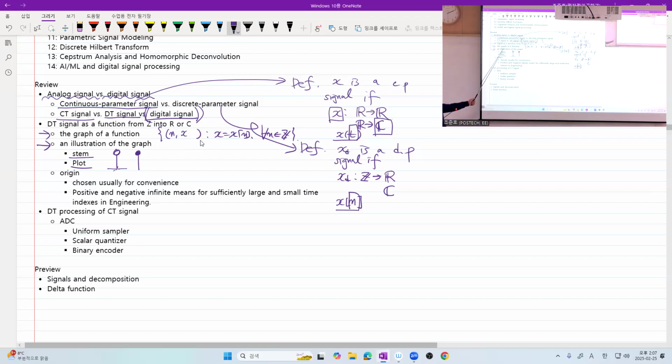By the way, when we define a discrete time signal or discrete parameter signal as a function from Z into R or C, there are three kinds of singular points we need to take care of. First one is the time origin 0.